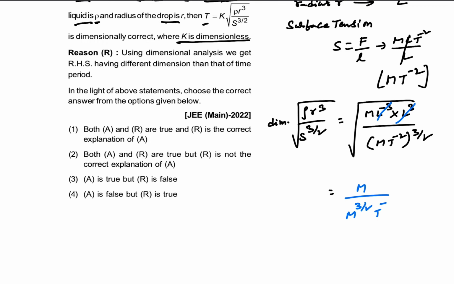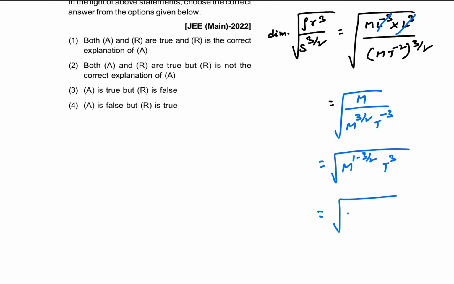So M divided by M power 3 by 2, T power minus 3, under root. You can write under root of M power 1 minus 3 by 2, T power 3. You will get under root of M power minus 1 by 2, T cube. If you see, it is not equal to time dimension.